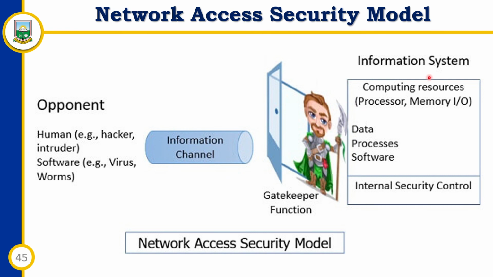So if you have an information system somewhere here that contains data of students or staff and the rest, you should first of all have the gateway function, which is the login page, which takes in the login IDs and passwords of people that are legitimate users of that particular information system. And of course, these legitimate users have the right access control to be able to access the right files and right data at any point in time.